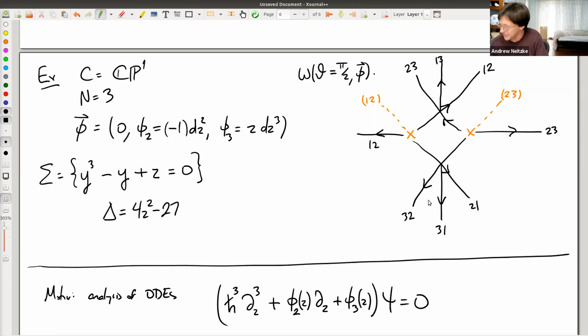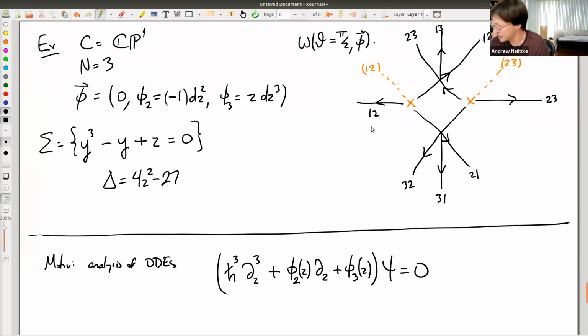If you want to do that, it turns out that one of the basic tools is this machine called the WKB method for constructing local solutions of the ODE. And you build them by Borel resummation of some formal series in H bar.